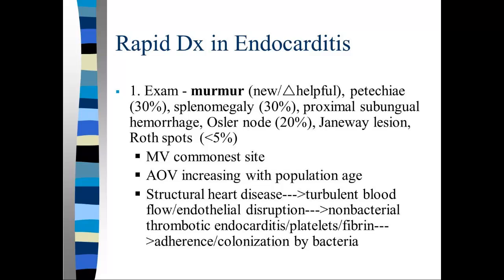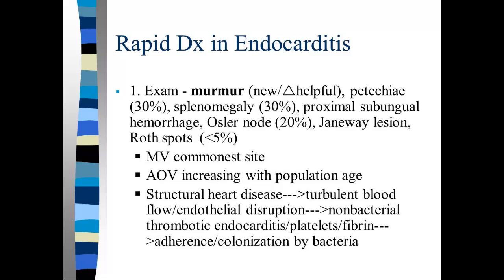Well, it seems like physical diagnostic skills are falling by the wayside these days. I think we're getting too technological. But let's not forget, it's easy for most of us to detect an undocumented murmur. That's very easy. And then we want to look for some of the stigmata of endocarditis.